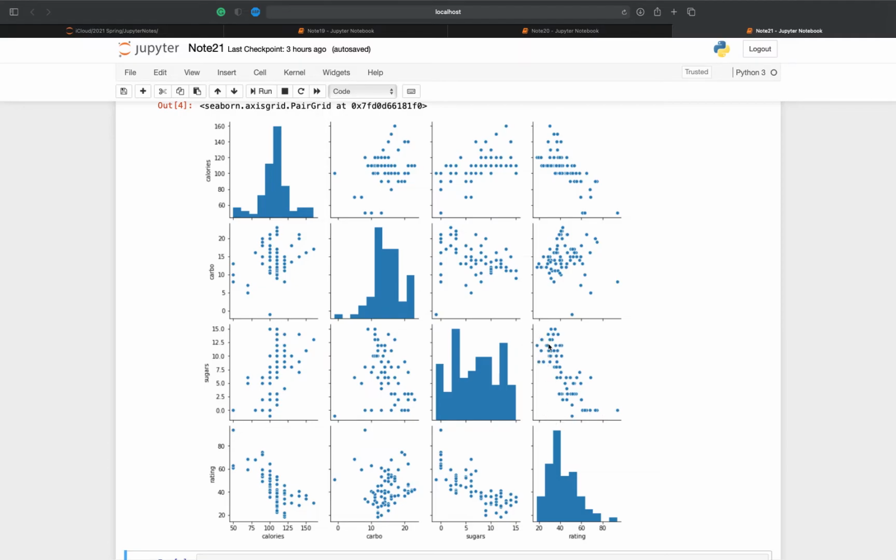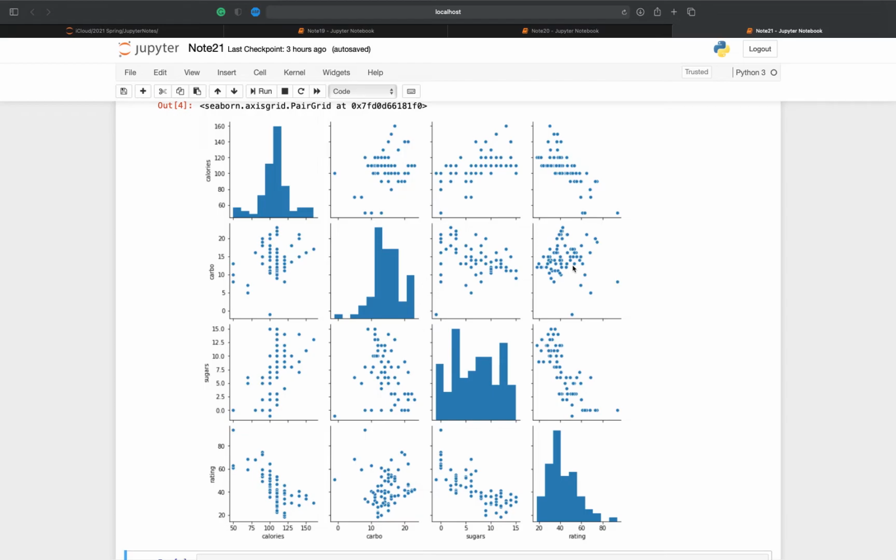And as rating decreases on the x-axis, the sugar is increasing on the y-axis. So there is a negative trend here, also a negative trend. So we see that rating versus sugar and rating versus calorie are negatively associated.